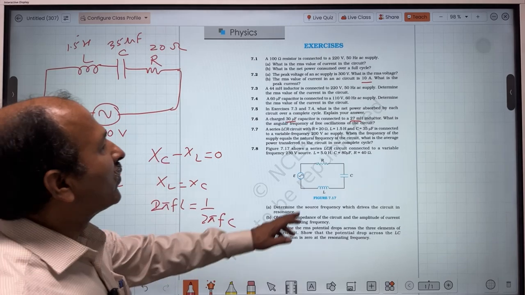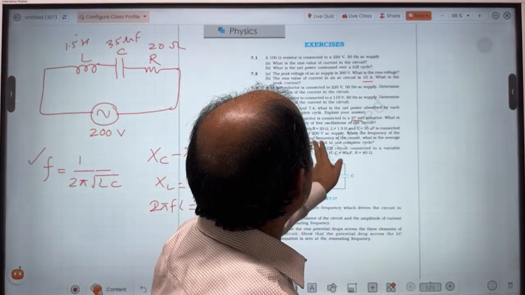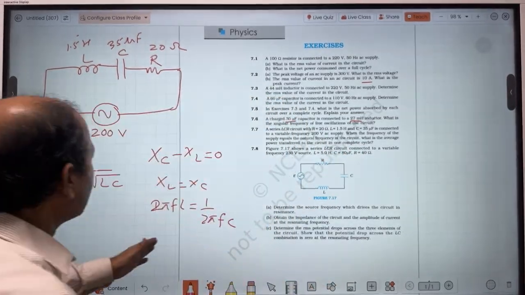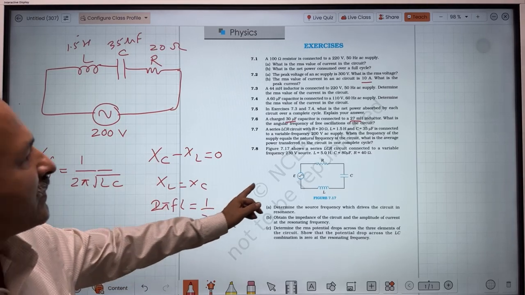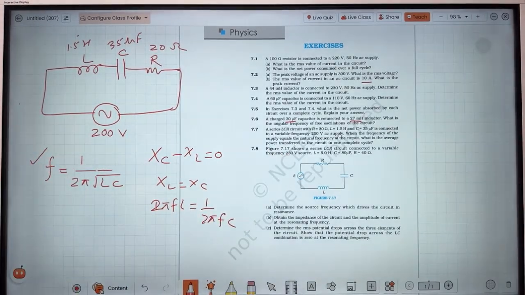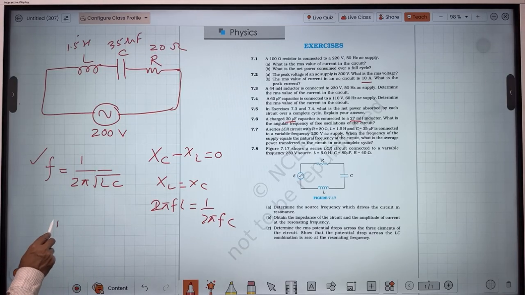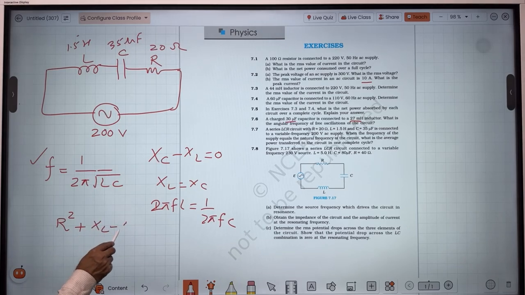So here they are saying that when the frequency of the supply equals the natural frequency, this is the condition. But our concern is not to find the frequency. Our concern is what is the average power transferred to the circuit in one complete cycle. So in such a case, what will the total resistance be? Impedance Z is the square root of R square plus XL minus XC whole square.